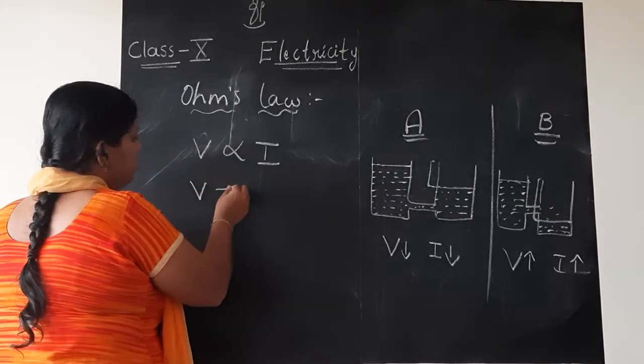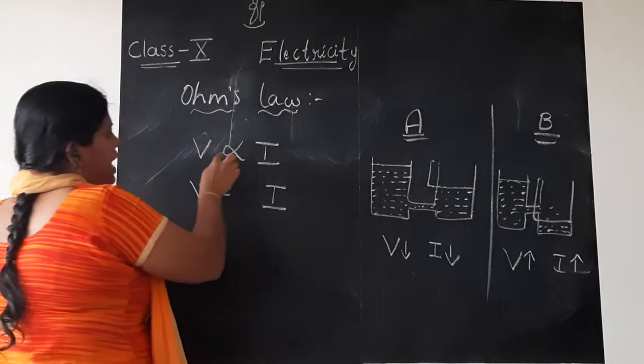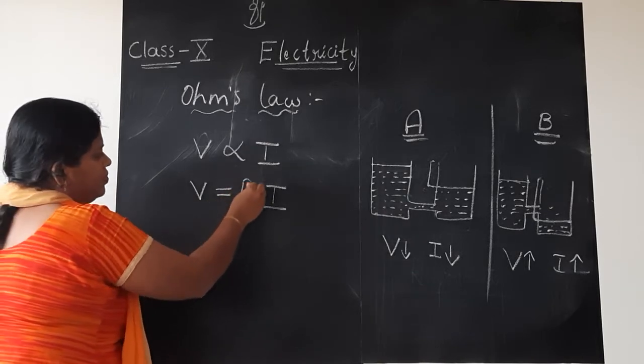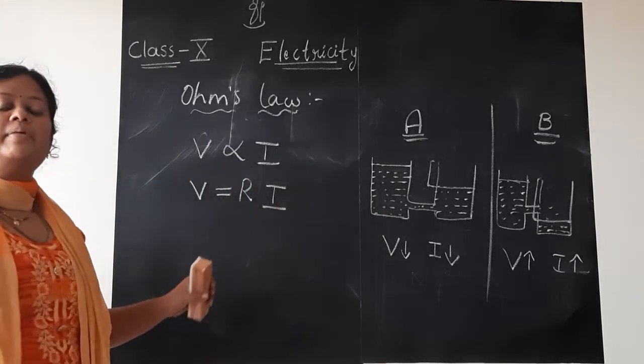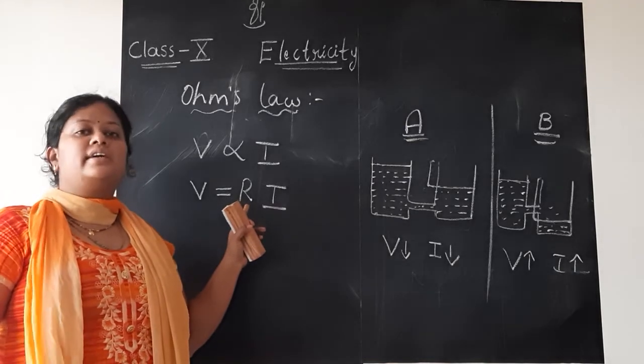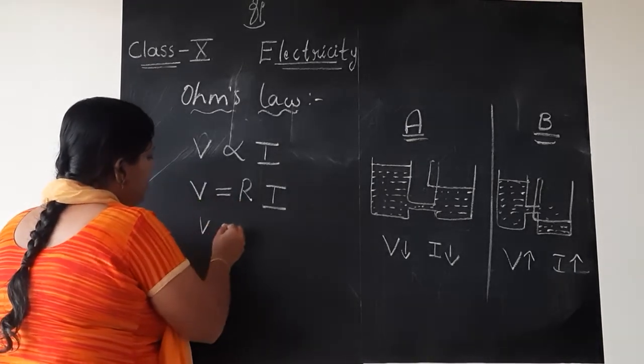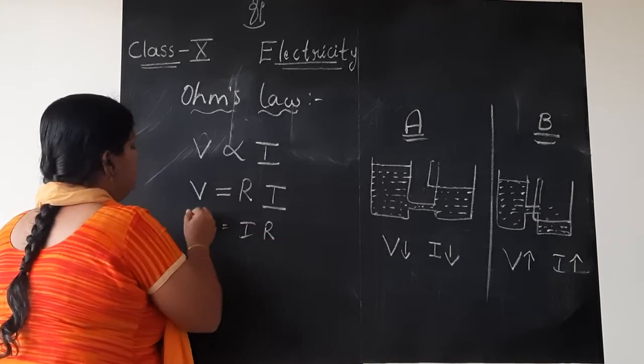So I am removing this proportionality symbol and putting an equal to sign, and the constant which I am introducing here is the resistance R. So V is equal to IR or V is equal to RI.